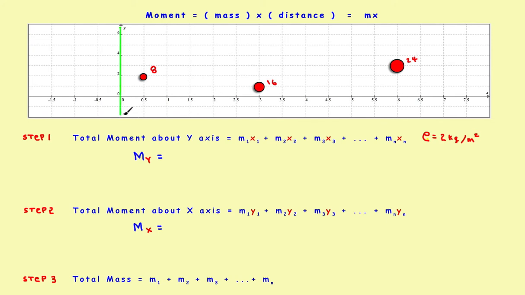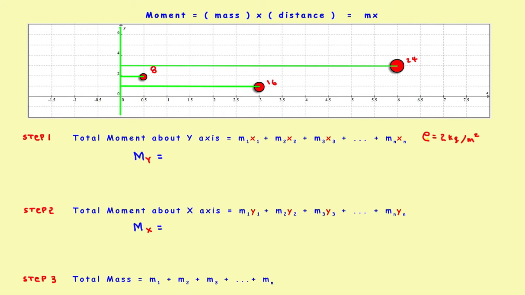Now the distance from each point to the y-axis: in this case, we're going to use horizontal distances. It'll be this distance here, and this distance here, and this distance from here to here.